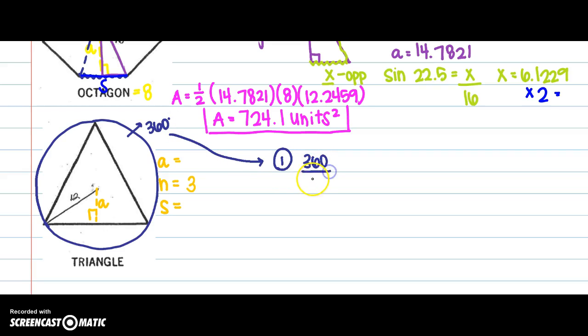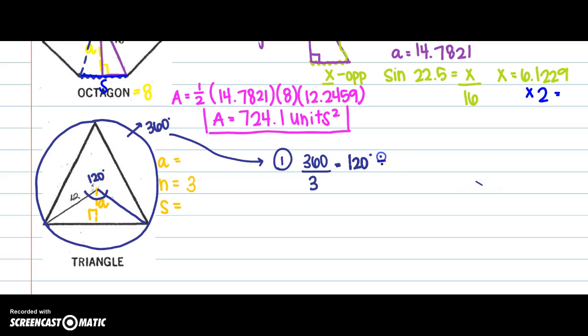So to find my central angle, 360 divided by 3 gives me a central angle of 120 degrees. So this entire angle would be 120.